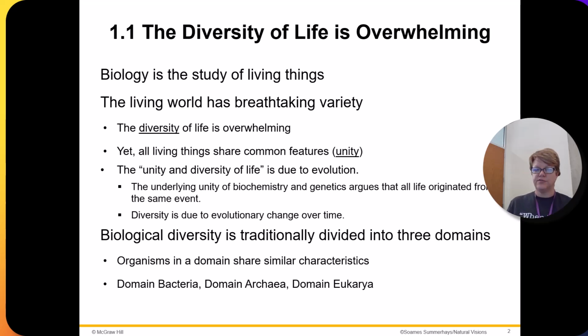It just has to be more than one. But in any case, bacteria and archaea only consist of unicellular organisms. Eukarya consists of unicellular organisms and also multicellular organisms of different types. So we have those 3 domains.